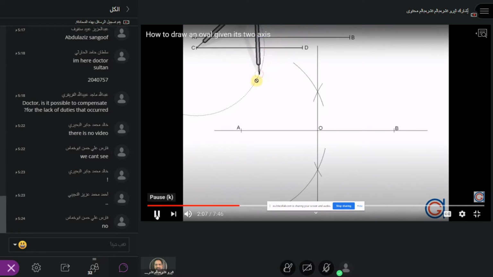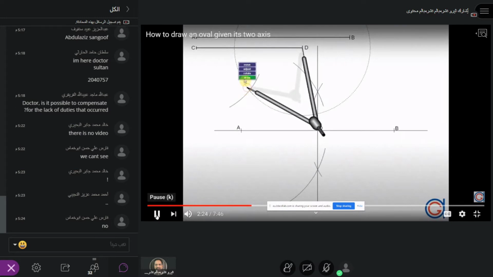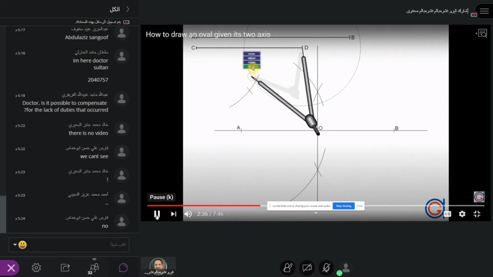So the next step is to work out the perpendicular bisector of the smaller axis CD, so as to work out its midpoint. As the smaller axis CD is located on the top of our screen, we are going to use a different method to work out its perpendicular bisector, because we don't have enough space to use our previous method. So we are going to draw 4 arcs with 2 different radiuses, one radius for the first 2 arcs and a slightly shorter radius for the second 2 arcs.